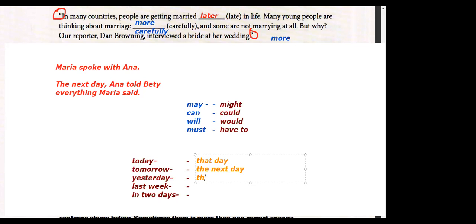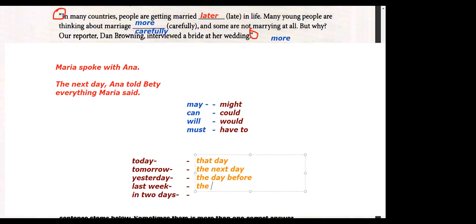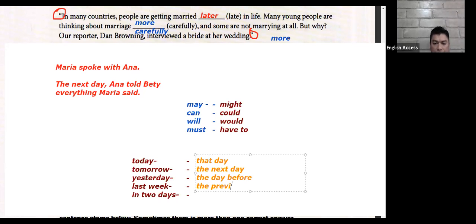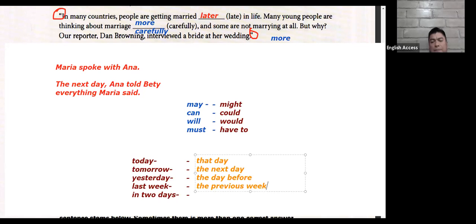Yesterday? The day before. The day before is good. Last week? The week before is good, or the previous week.